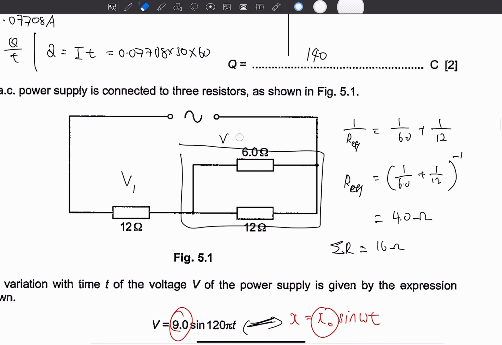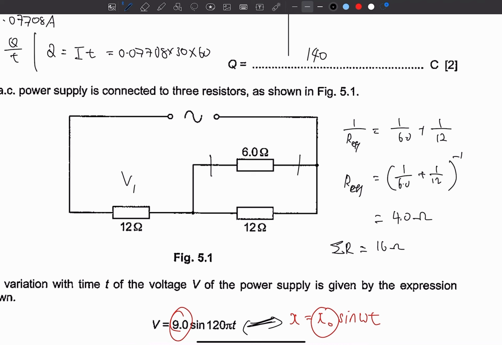So basically what that calculation tells us is that the potential difference between here and here is 1.59 volts. From here to here, also 1.59 volts. Why? Because voltage in a parallel circuit is constant.